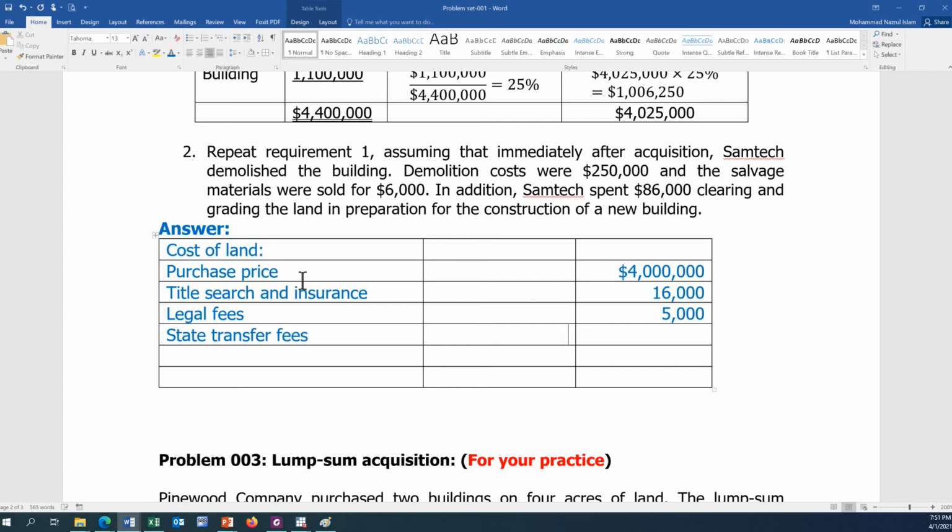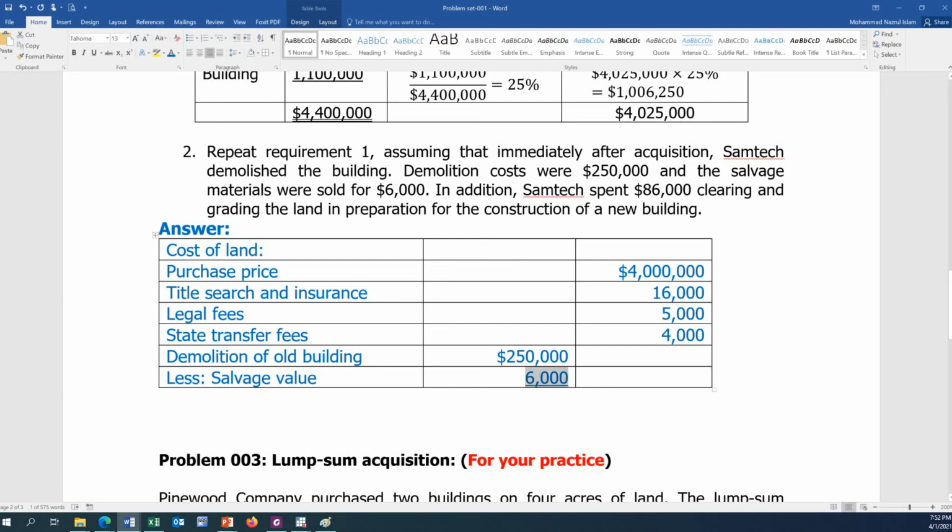Then state transfer fees, it's 4,000. Then demolition of old building, that is equal to 250,000. This is the cost, and less the salvage value. Salvage value of the building was 6,000, correct?